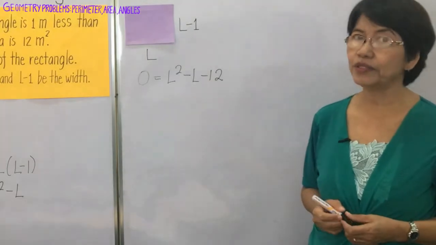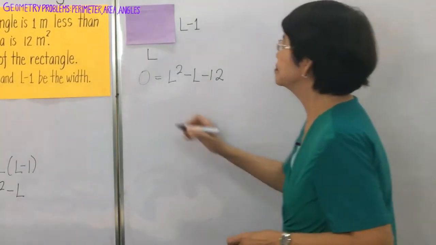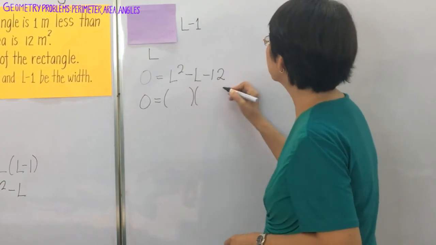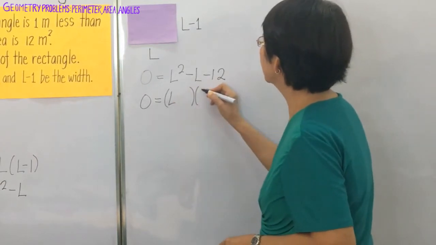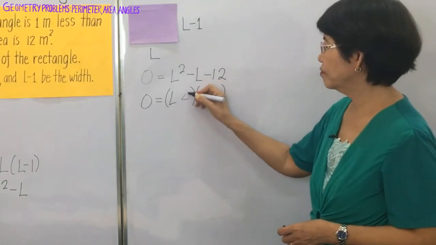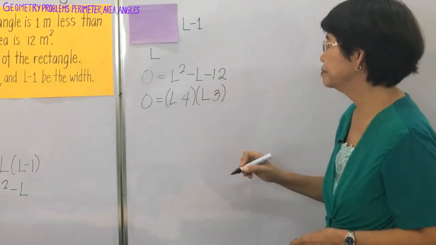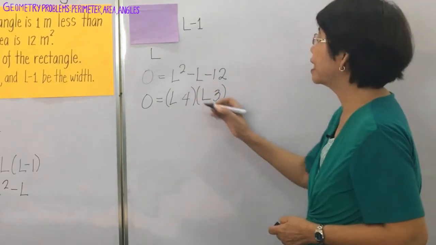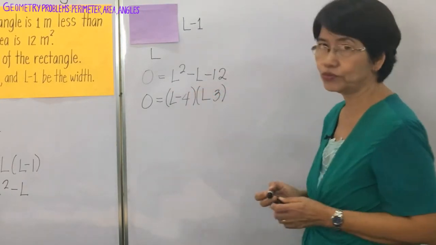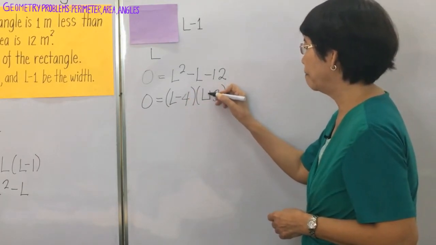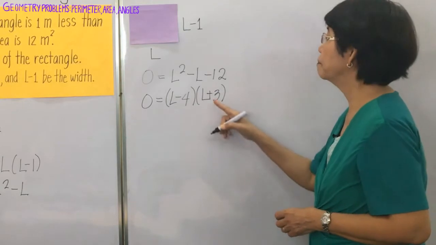And then we will use factoring. We factor this, and factor 12: 4 and 3. And since the middle term is negative, we will assign the negative sign to the larger number. So negative 4 and positive 3.